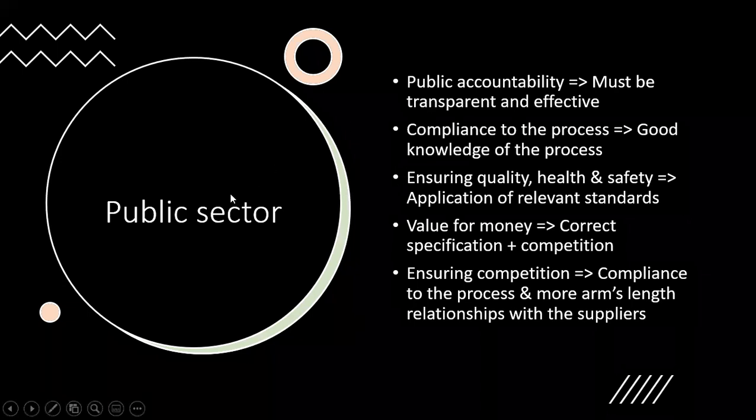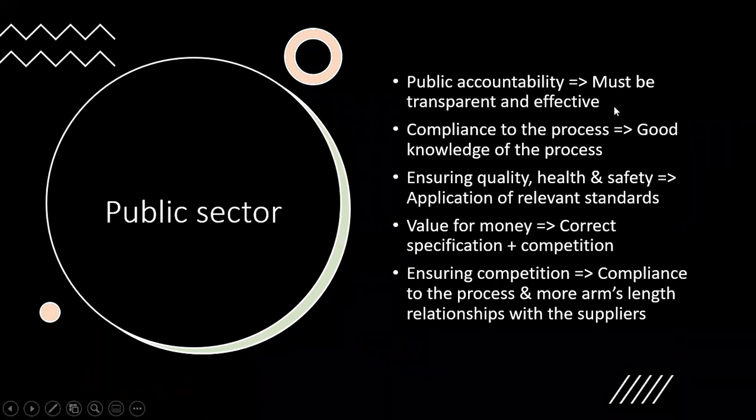For example, the public sector has higher public accountability. It means procurement must be very transparent in their processes and activities. So, what is the impact of this feature on procurement? Public accountability means that procurement must be transparent about how they select the supplier.